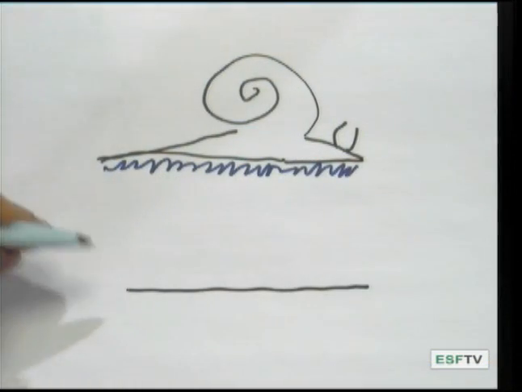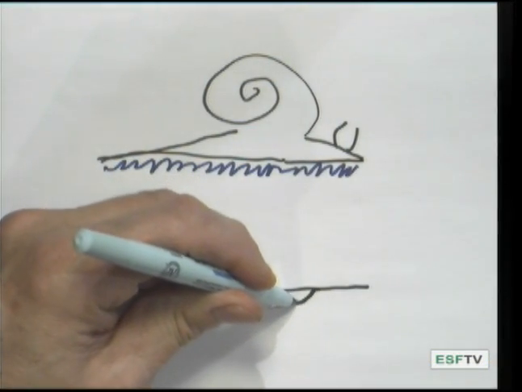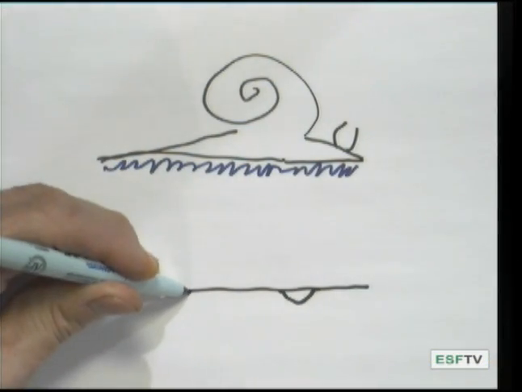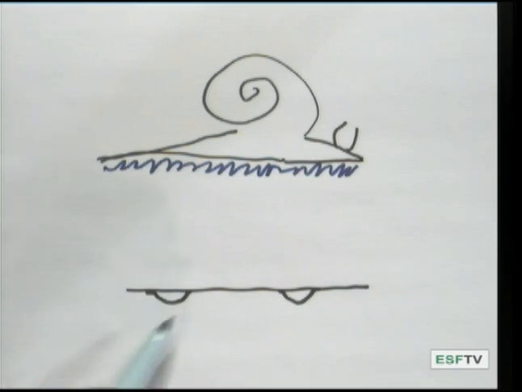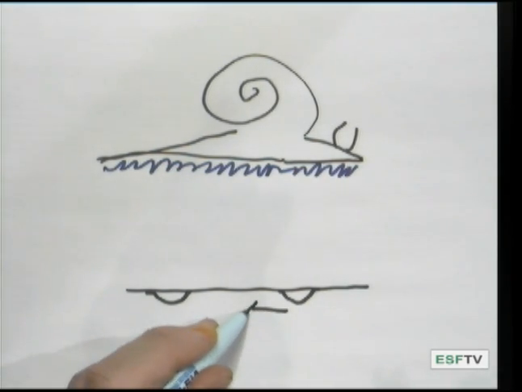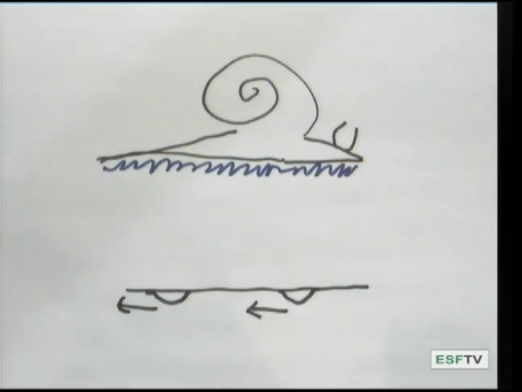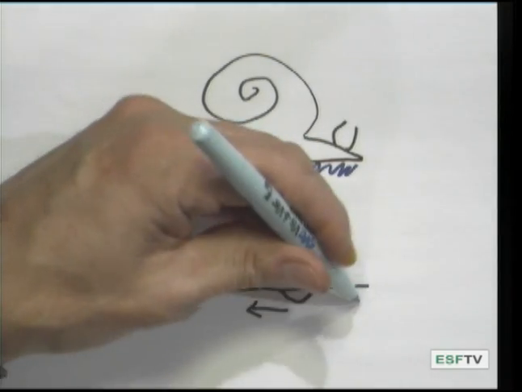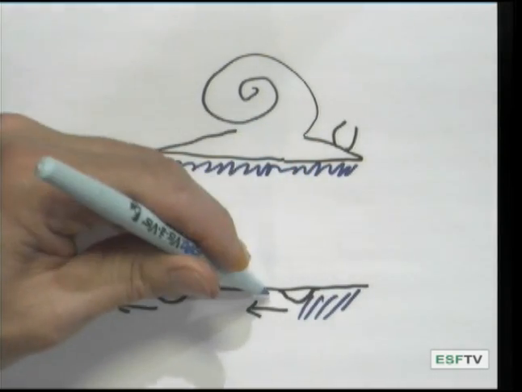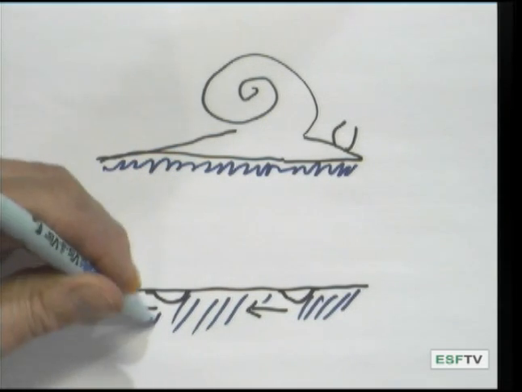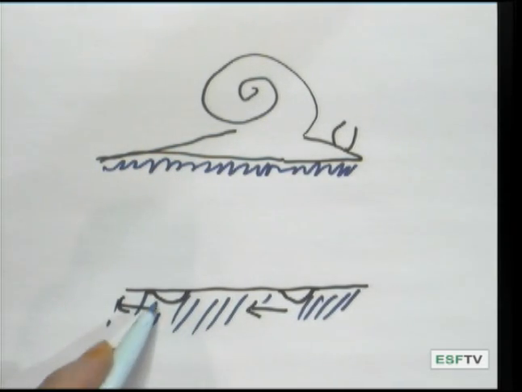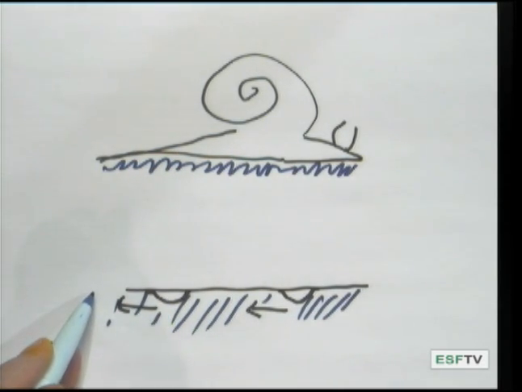If you look closely at the foot of a snail, you'll see that there are little waves of contraction that pass along the length of the snail's foot, like so. And if those are in a viscoelastic layer of mucus, these are traveling backwards at a certain rate.